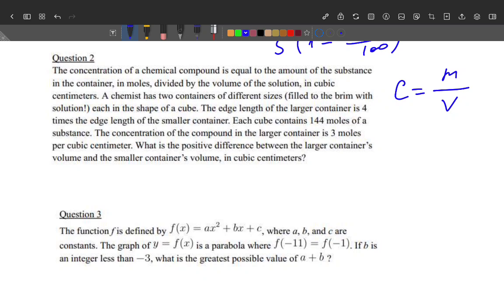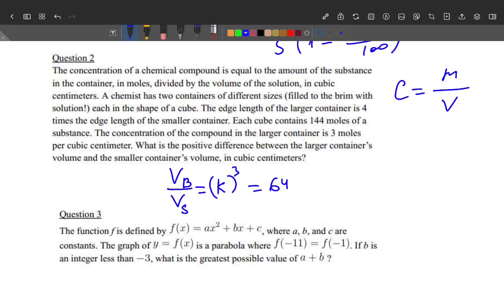It means if it's 4 times, the volume will be the cube of this, and it means volume larger divided by volume smaller will be scale factor cubed.